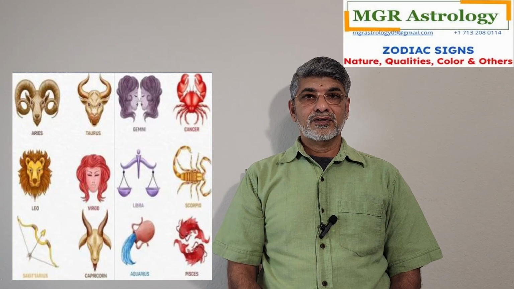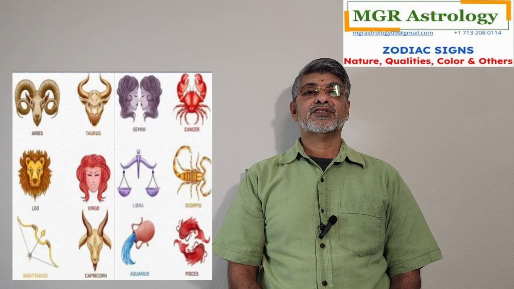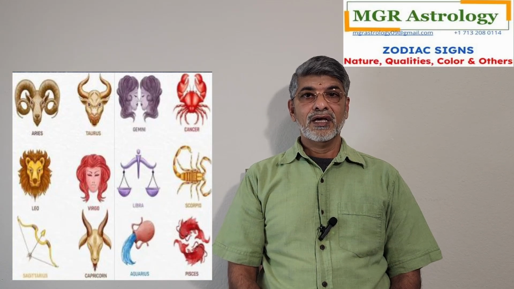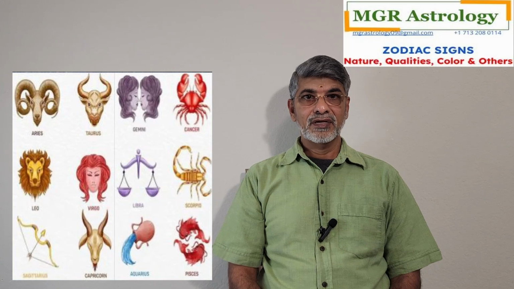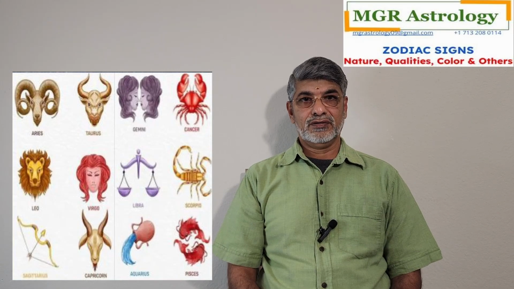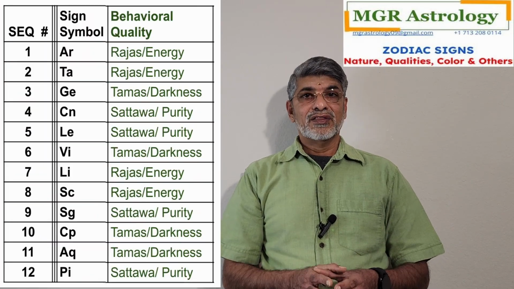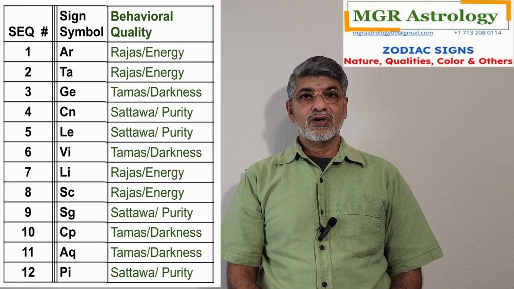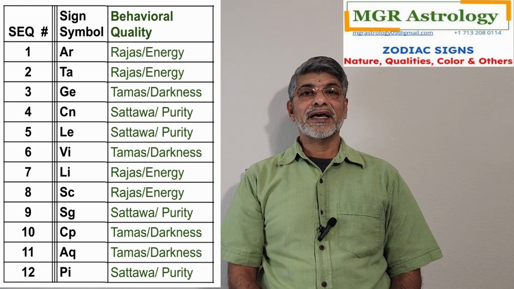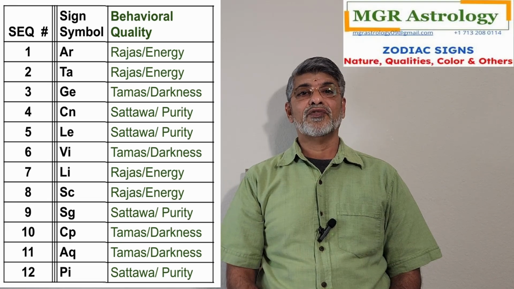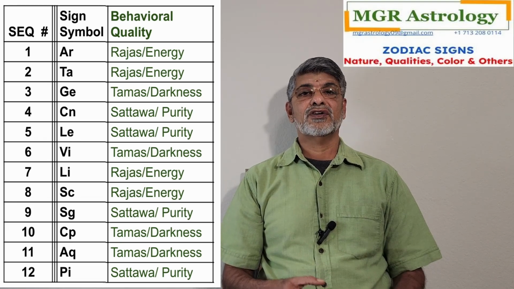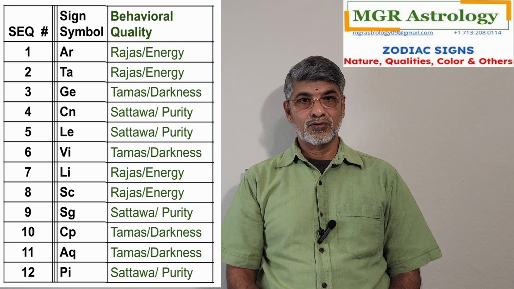The third quality is Tamasic, which is equivalent to laziness or darkness. People who take time to do things, people who don't care about helping others. So these are the three different behavioral qualities allocated to the signs. But these qualities should be used in conjunction with other qualities to find out the behavior, based on which we can decide the outcome.